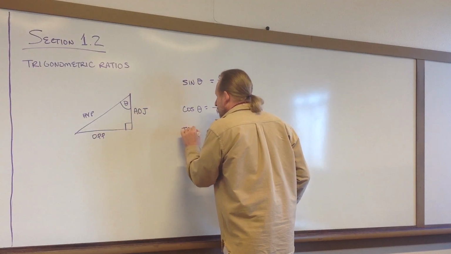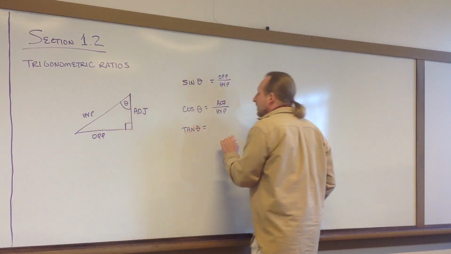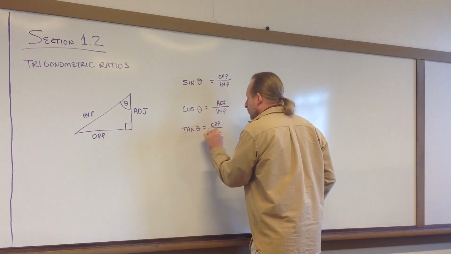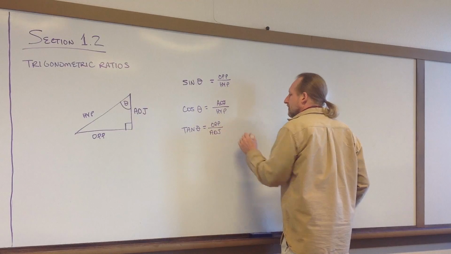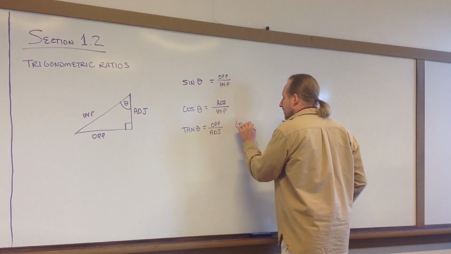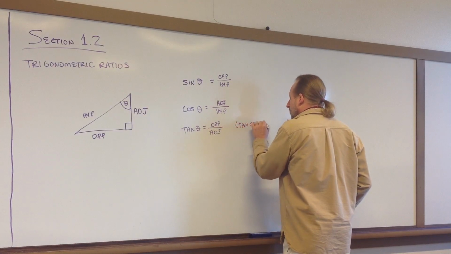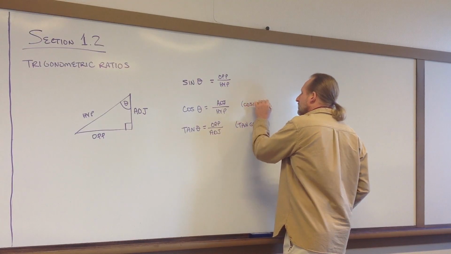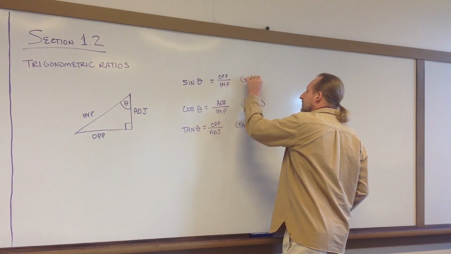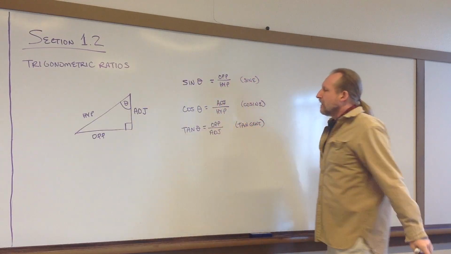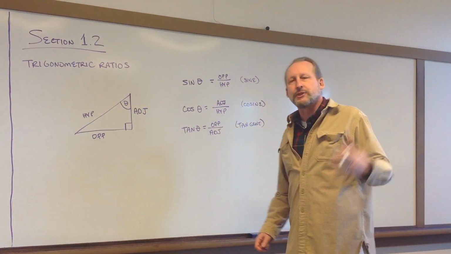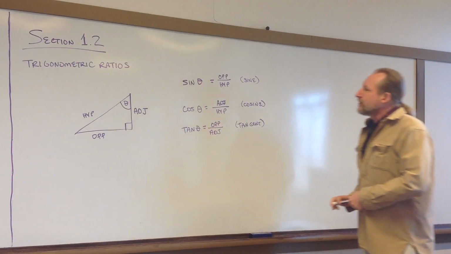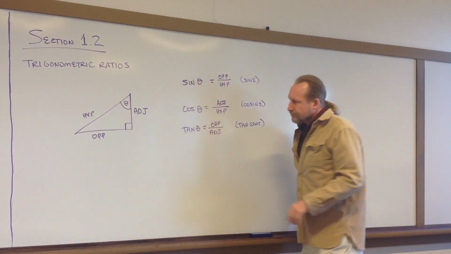And then the tangent of theta is defined as the side opposite over the side adjacent. And so I'll write out the full words for these. Sine, cosine, and tangent. The SIN, COS, and TAN are just abbreviations for sine, cosine, and tangent. So these are the definitions.